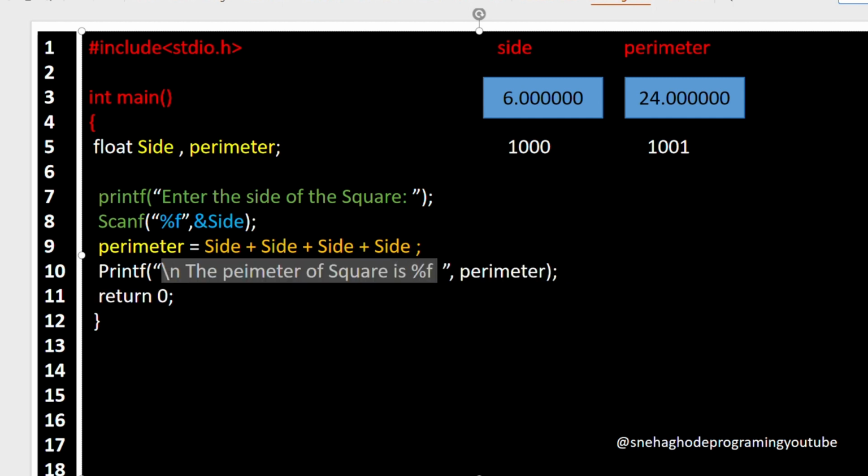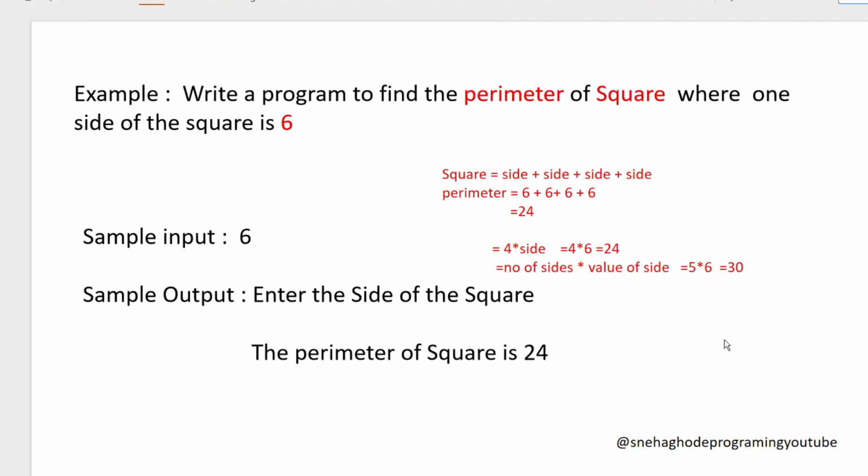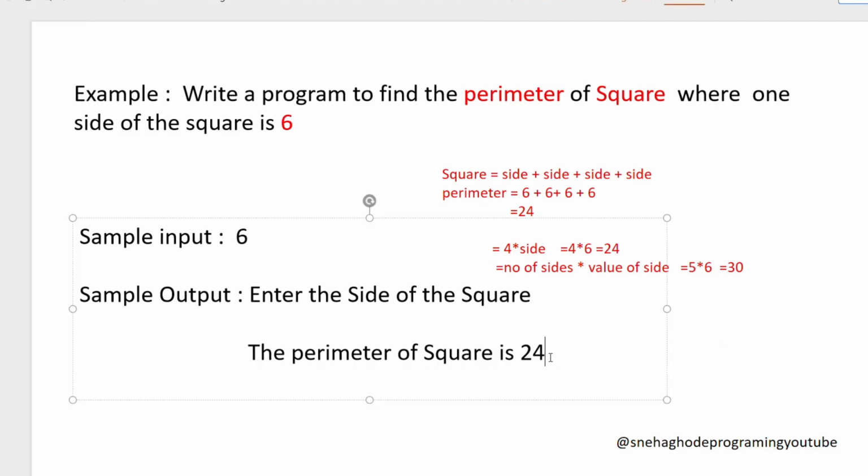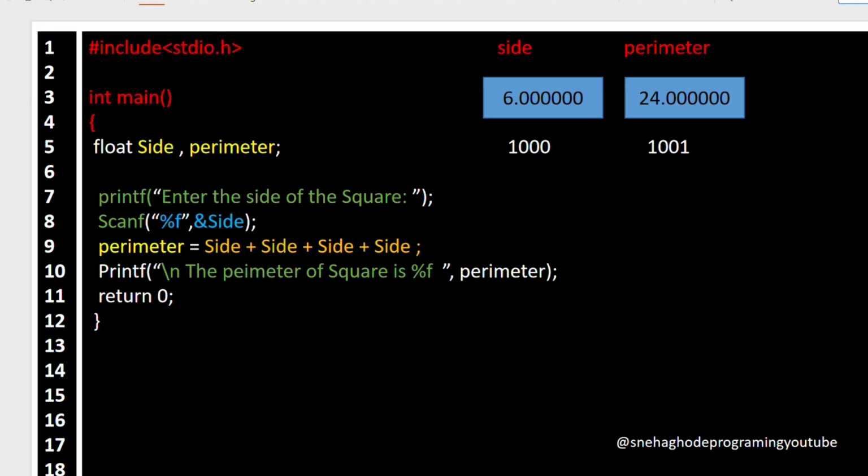These values are going to be printed over here, right? And the perimeter value is going to be printed, and we are getting our answer.